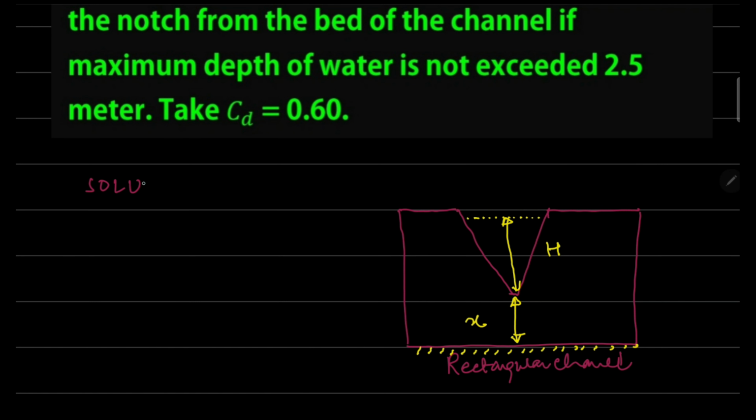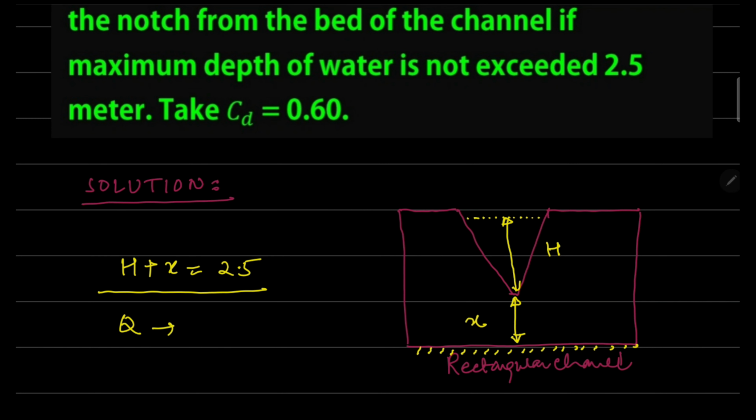So we are starting the solution. The statement says that h plus x should be 2.5. If we figure out this particular thing, then everything is possible to resolve. The Q value is given to us, and we can relate the Q value with h.